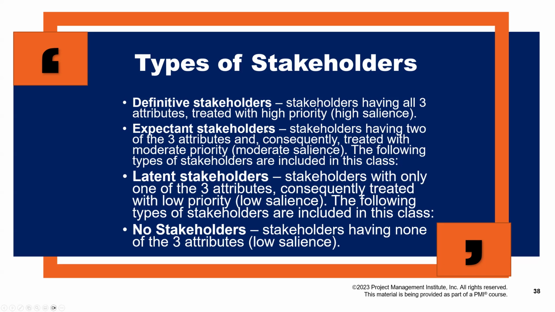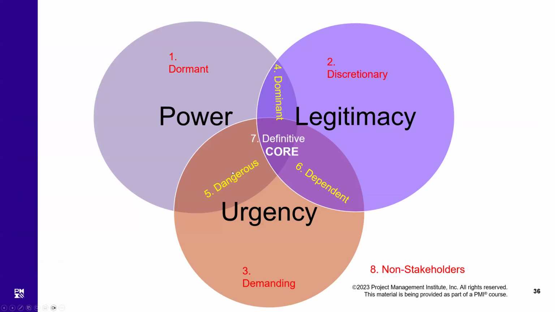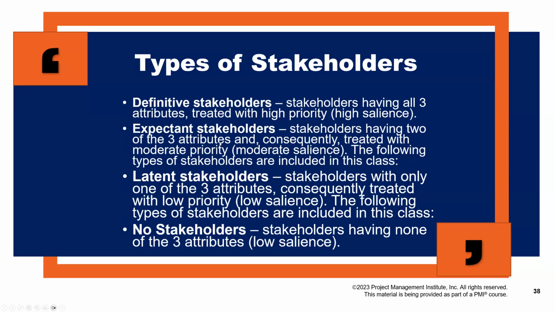Expectant stakeholders have moderate salience because they are high in two areas and not the third. And who are they? High in two, 4, 5, and 6: dominant, dangerous, and dependent. They are the expectant stakeholders.